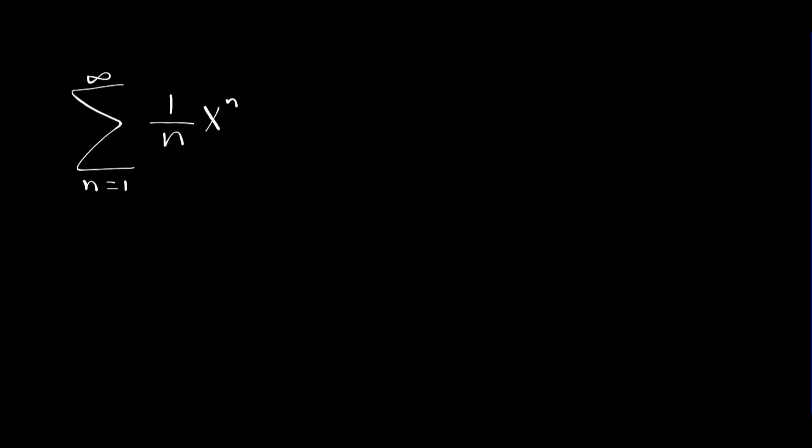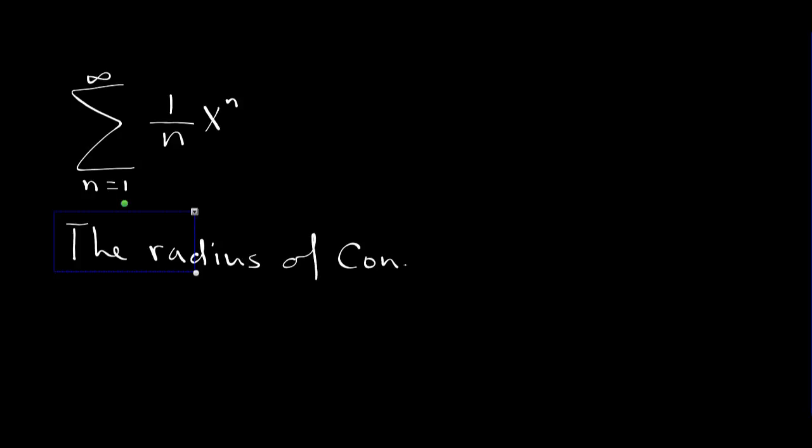Now, I'll explain what that means more in just a minute, but what we want to do is discuss this series, and what we're interested in is the radius of convergence and the interval of convergence.